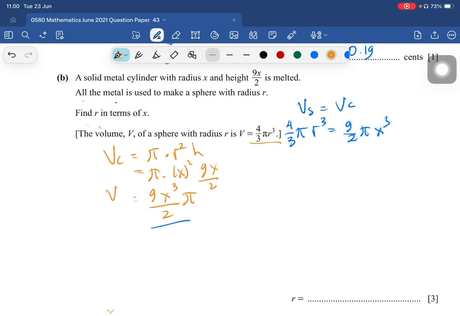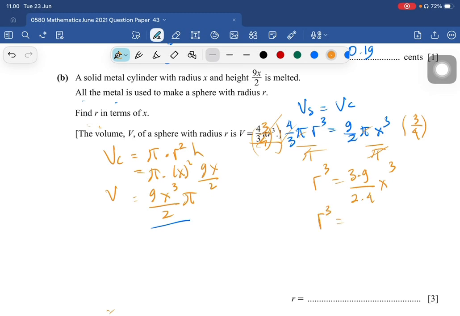So let us multiply both sides by 3 over 4, so it's going to disappear, and we divide by pi. So this is only r cubed equals 3 times 9, over 2 times 4, x cubed.